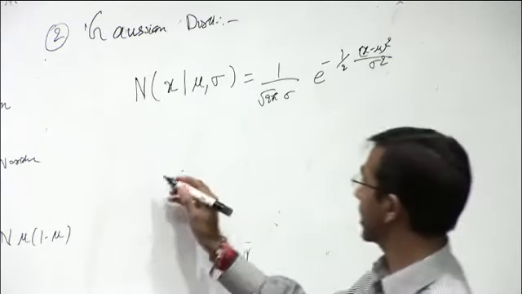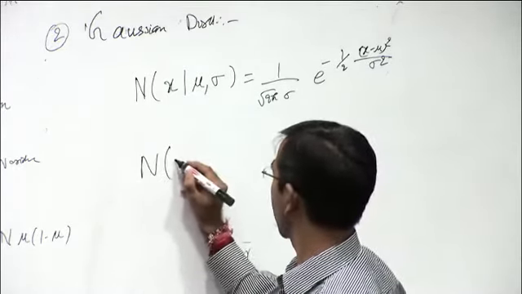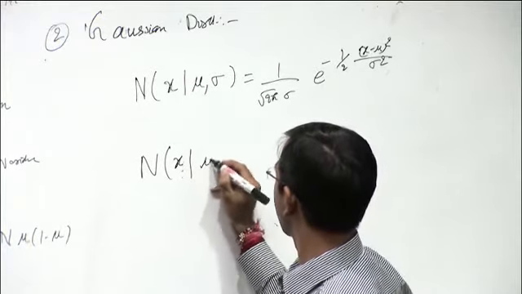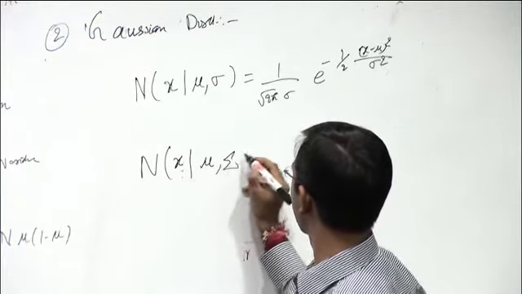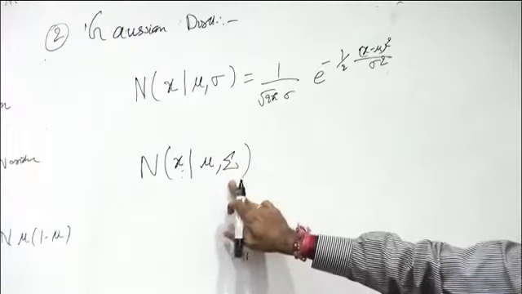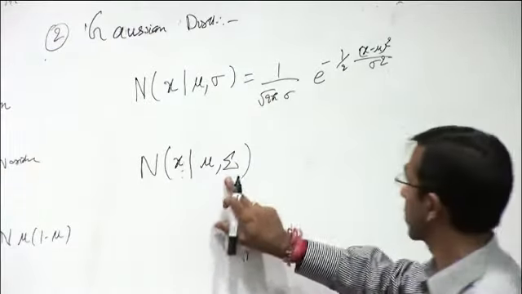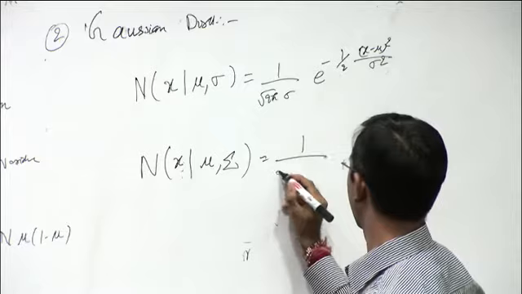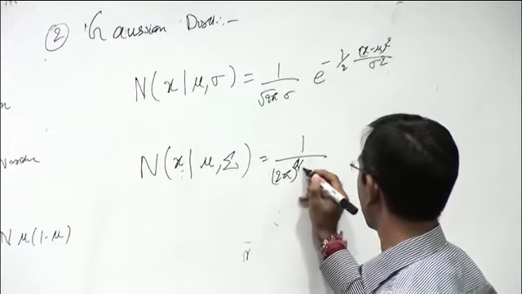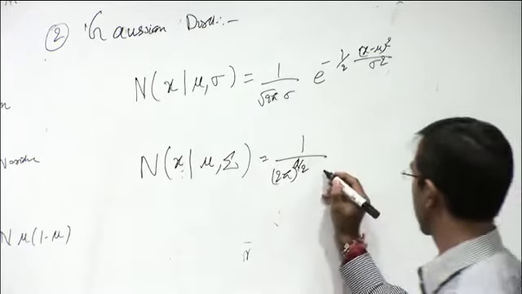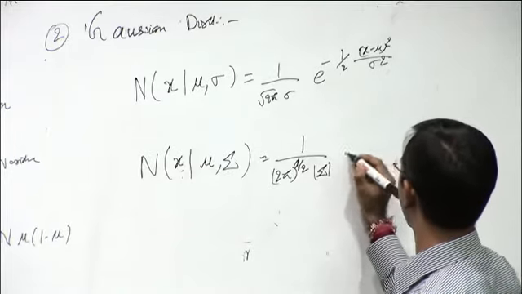Similarly, if you want x to be a vector, then your mu will be a vector and sigma will now be a matrix. If you have a Gaussian distribution over d dimensions, then this is the form.